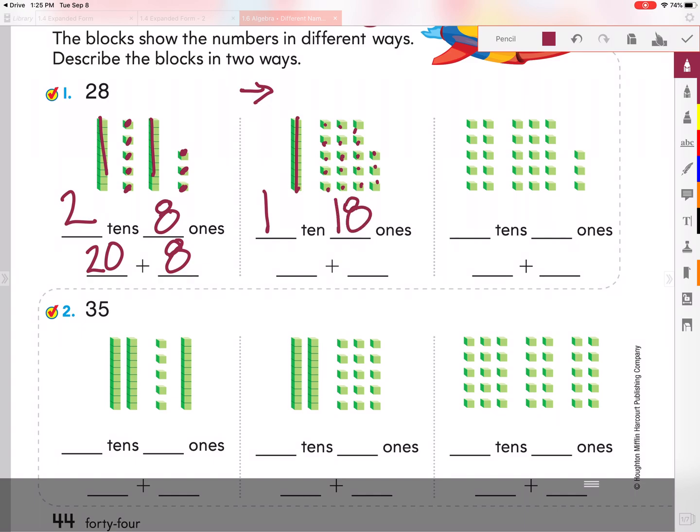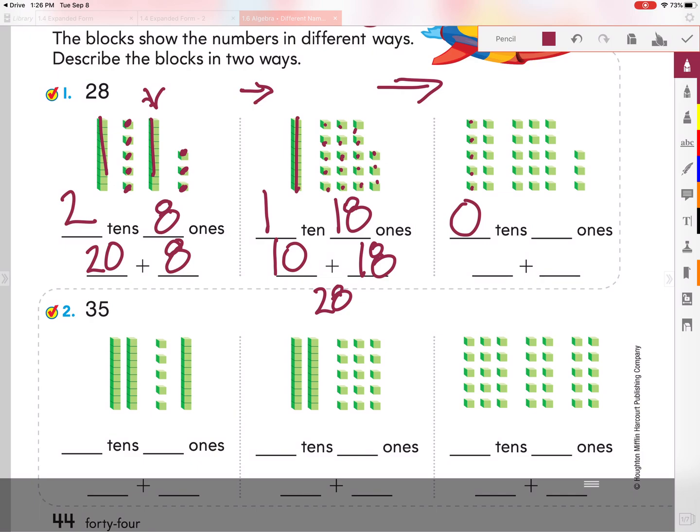Boys and girls, they broke apart that rod, didn't they? So that automatically put 10 singles out there to go with my 8 ones. So I know 10 plus 18 is still going to be that number 28. Let's keep moving this way. They've broken apart another rod. Can I count a rod? If you do not see a rod, you say 0. 0 tens.